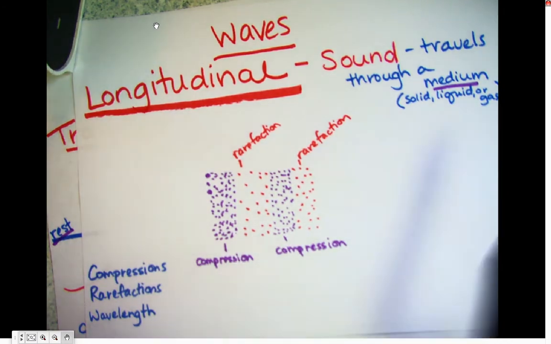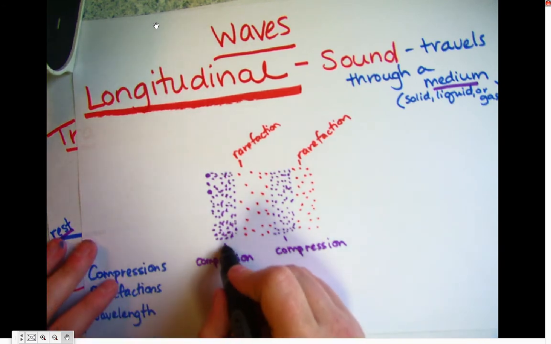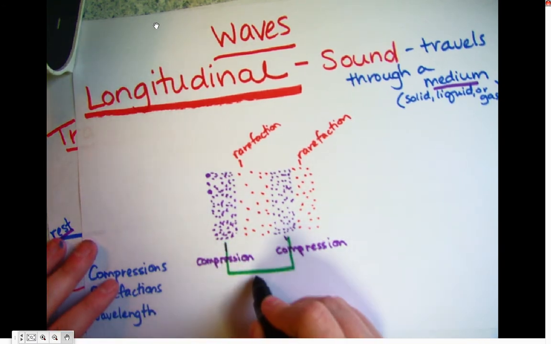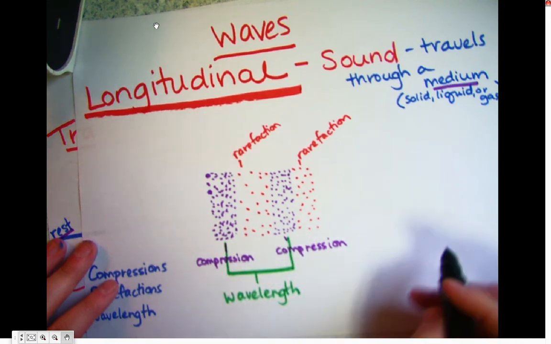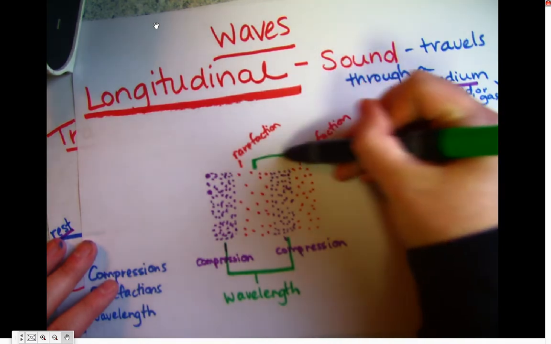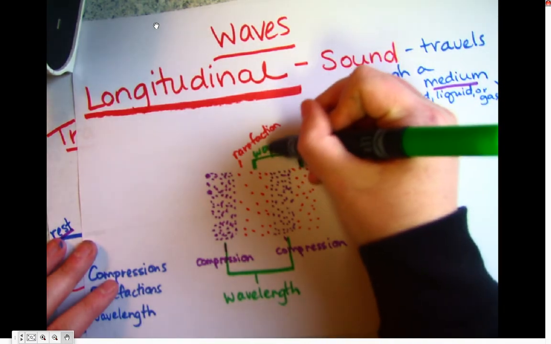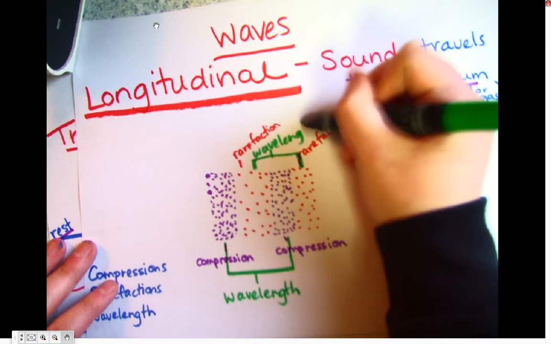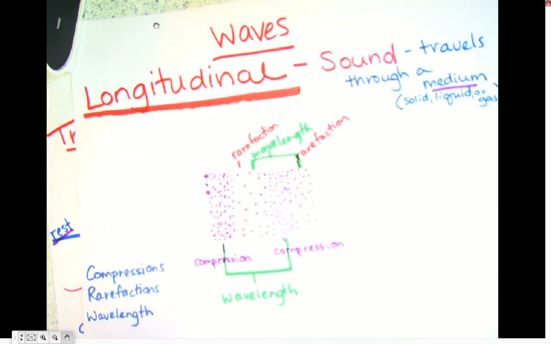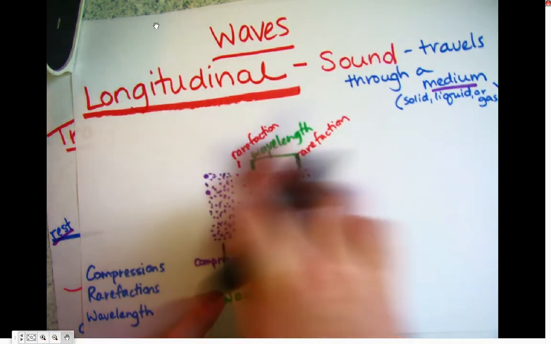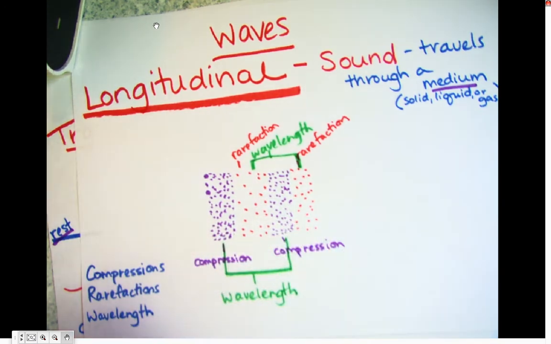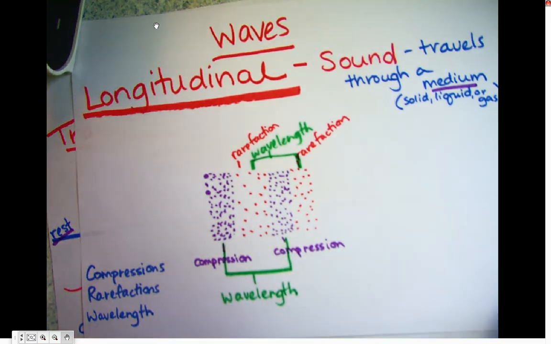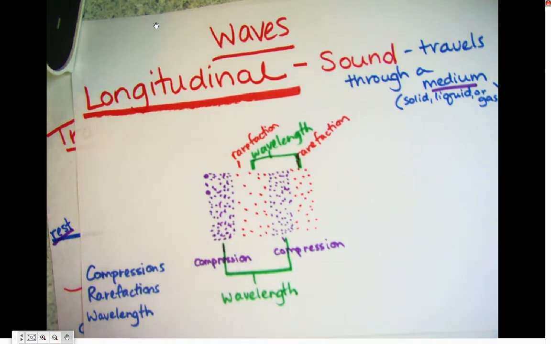Probably common sense the way you measure them. We are going to go from either compression to compression, that's one wavelength, or you can go from rarefaction to rarefaction, that's another wavelength. Very plain and simple. They stay together. You either go from one to one or one to the other one. So compression to compression, or rarefaction to rarefaction, is how you label them.